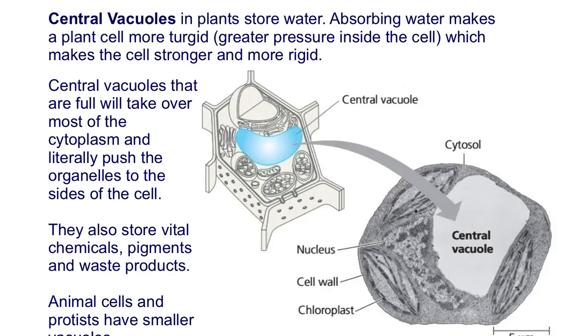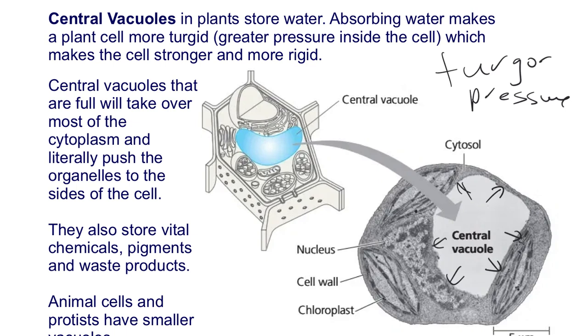So in plant cells, this central vacuole is primarily storing water. It applies what we call turgor, or pressure from within inside the cell. Turgor, pressure. And it pushes outward, but the cell will not blow up, explode, because there's a rigid cell wall around this cell which won't break.